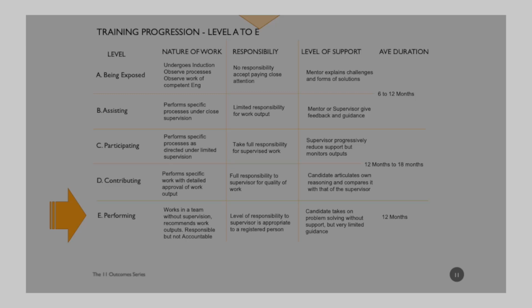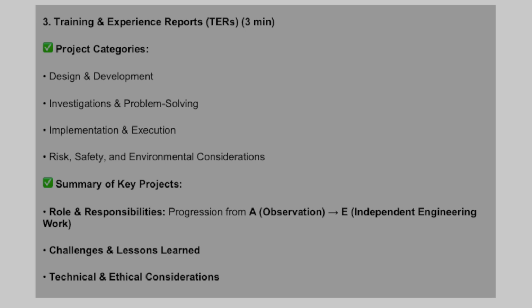And now remember, you can only register as a professional if you have at least 1 year operating on level E and a minimum of 3 years experience. Then talk to the challenges and lessons that you've learned on these projects, especially when there were failures, how you handled that. Technical and ethical considerations should go in here as well.